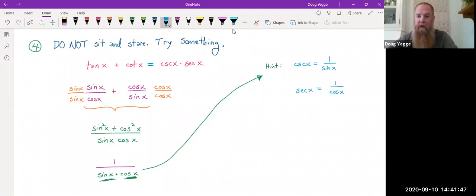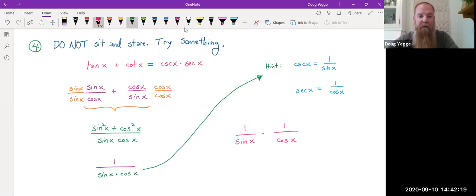So this gets back to the goal of my problem. I'm trying to convert into cosecant x and secant x. Well, if I know that cosecant x is 1 over sine x, and I know that secant x is 1 over cosine x, if I multiply those, I get right to here. So that's why the next step might be to rewrite this as 1 over sine x times 1 over cosine x.